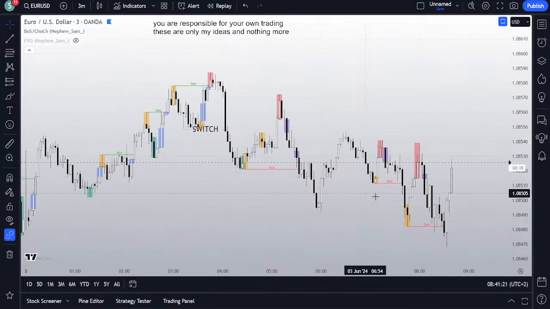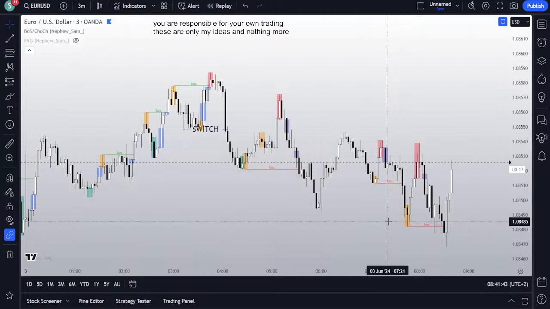So this kind of indicator is somewhat useful because it draws boxes for me. I mean, they are already there, so it's faster than me. I can see the levels regardless, but it saves me some time. Also, I'm not sure about the yellow boxes. They're supposed to be breakers.